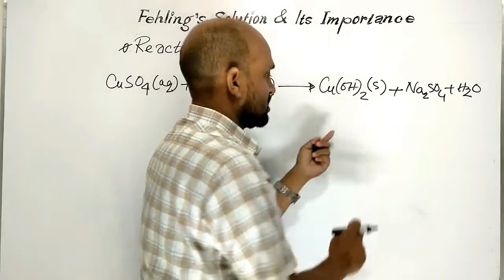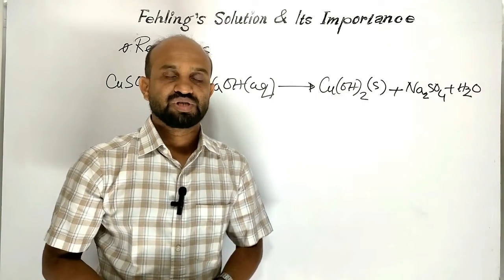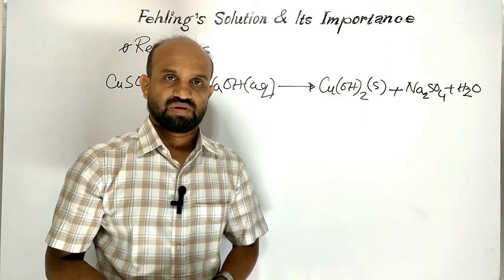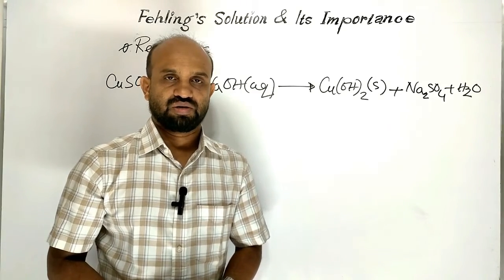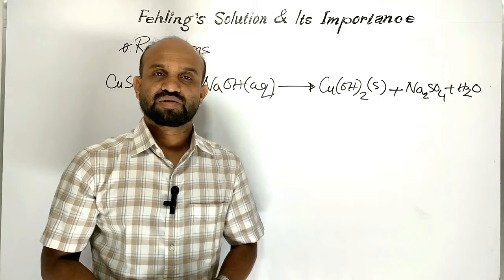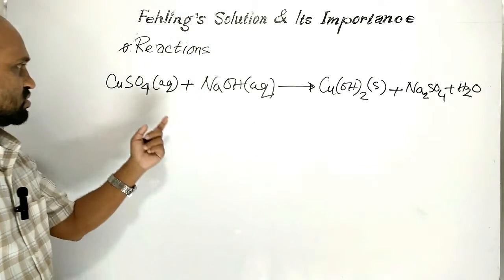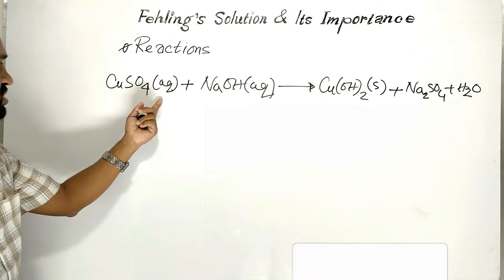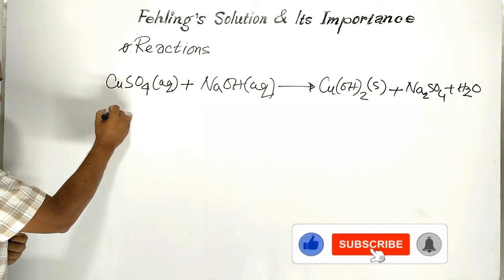So here we see that copper hydroxide is formed, which deposits as precipitate. This precipitate separates from the solution. To prevent this precipitation of copper hydroxide from the Fehling solution, Rochelle salt is used.